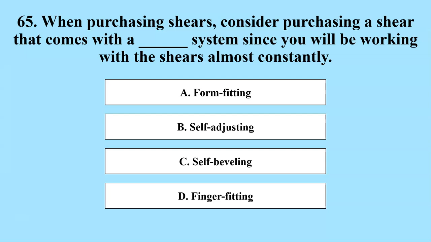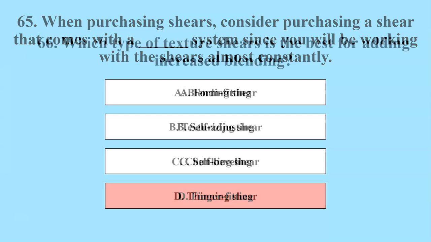When purchasing shears, consider purchasing a shear that comes with a blank system, since you will be working with the shears almost constantly. Form-fitting, self-adjusting, self-beveling, finger-fitting. If you chose D, finger-fitting, you are correct.